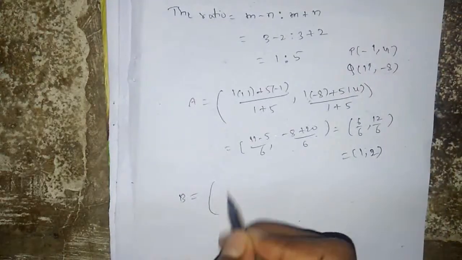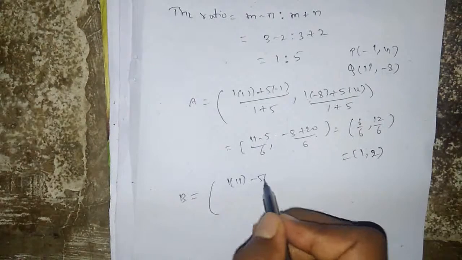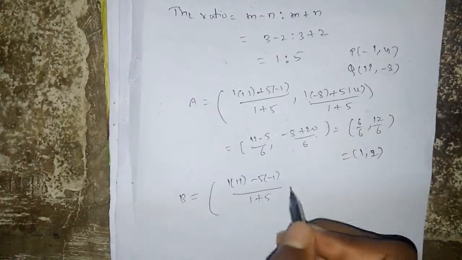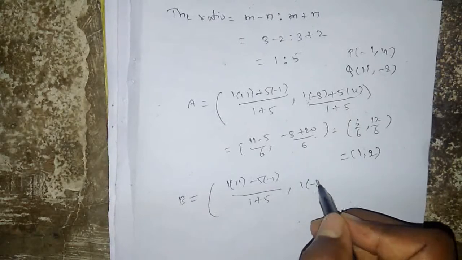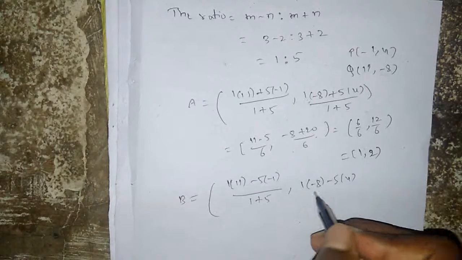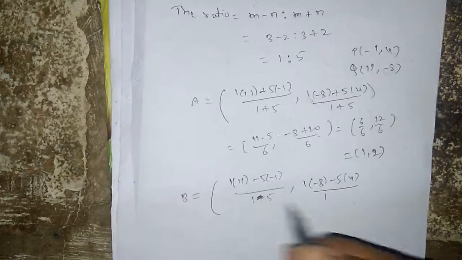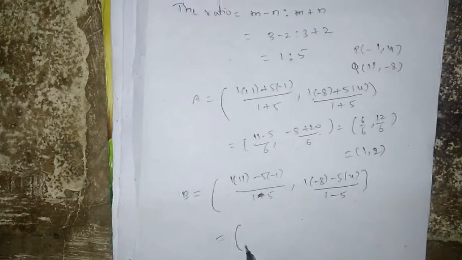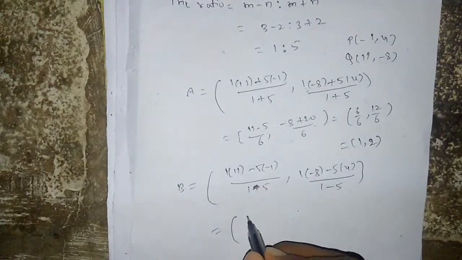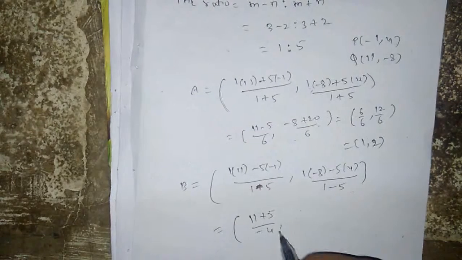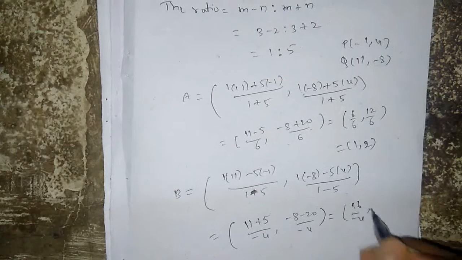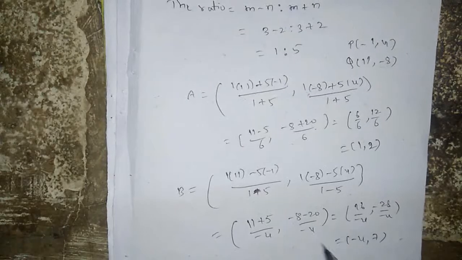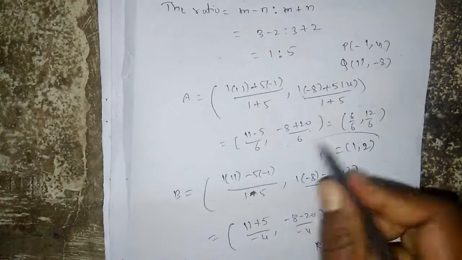Similarly, B is 1 into 11 minus 5 into minus 1 by 1 minus 5, 1 into minus 8 minus 5 into 4 by 1 minus 5. External ratio formula: 11 plus 5 by minus 4, minus 8 minus 20 by minus 4. It is 16 by minus 4, minus 28 by minus 4. It is minus 4 comma 7. This is the point B, this is point A.